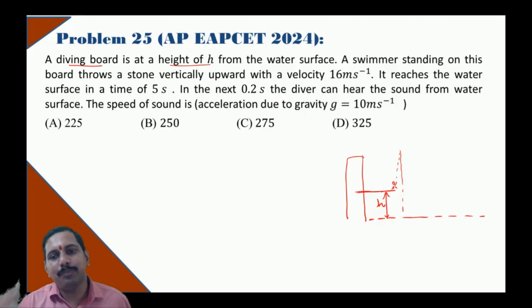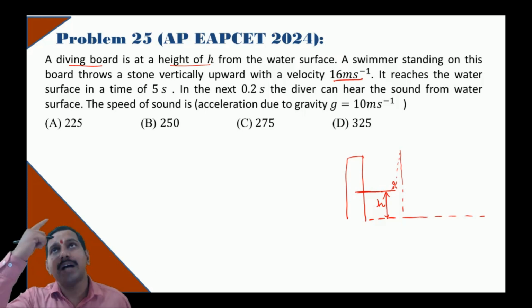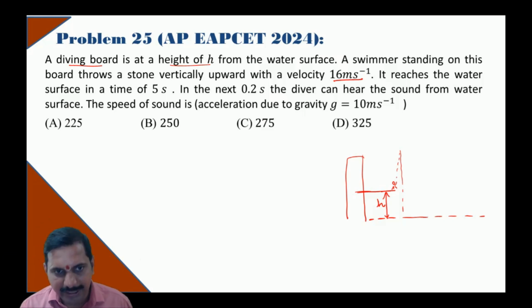And when he throws up, pretty strong guy, 16 meters per second is the speed with which it is thrown. So that stone which goes up and then comes down takes a time of 5 seconds. So starting from here, it goes up, goes down and reaches the water, and this total time is given as 5 seconds.